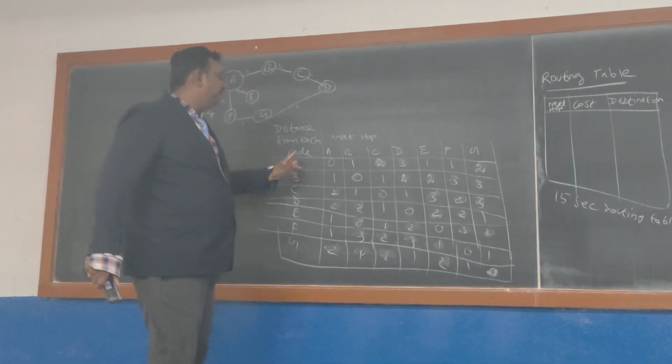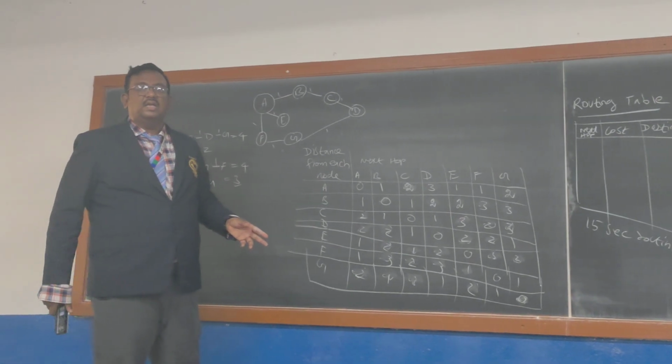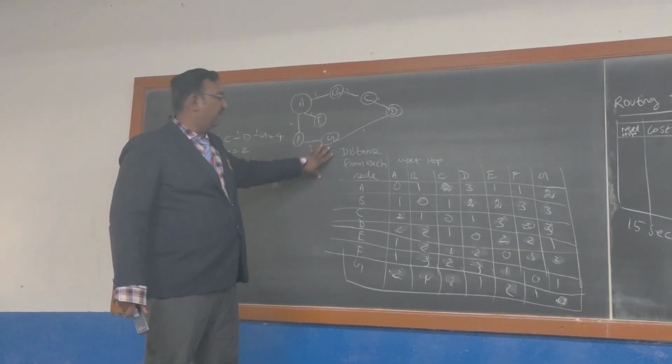So this is the final routing table you are going to get for the particular graph.